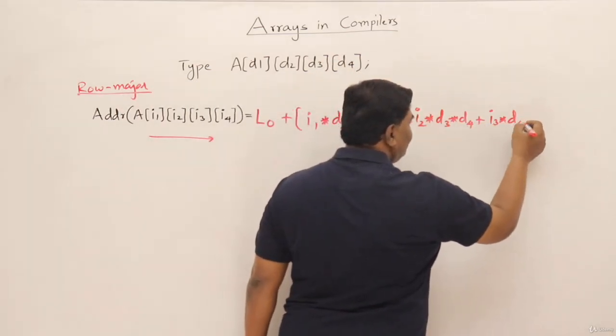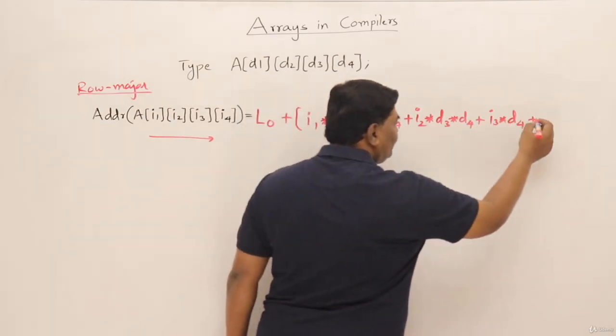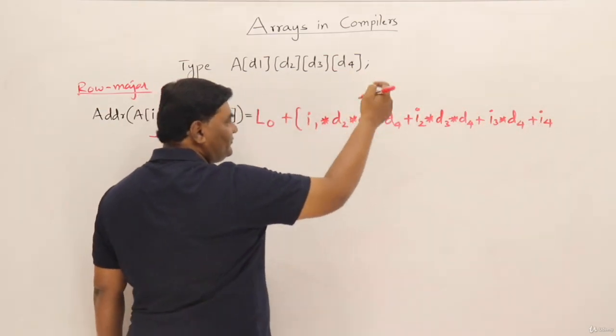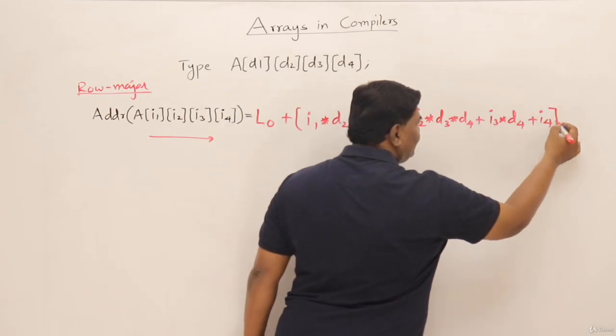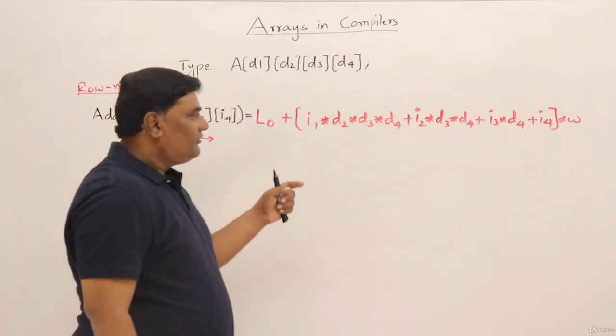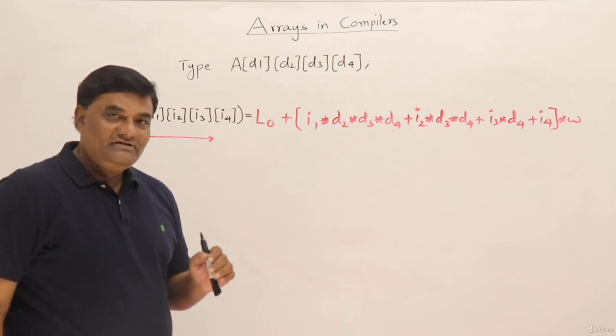So only D4 is there. Then plus the last, I4, the fourth index. After the fourth dimension everything should be multiplied. So nothing is there. So multiplied by W. This is the formula for row major mapping of a four-dimensional array.